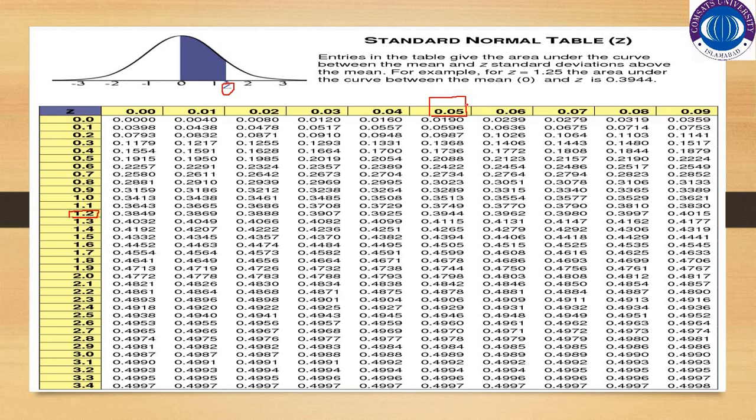If you search in this column, it will be 1.20. If you search in this column, it will be 1.21. And if you search in this column, it will be 1.25. So we start from here, and from here we go to the column containing 0.005, and this here is 1.25.